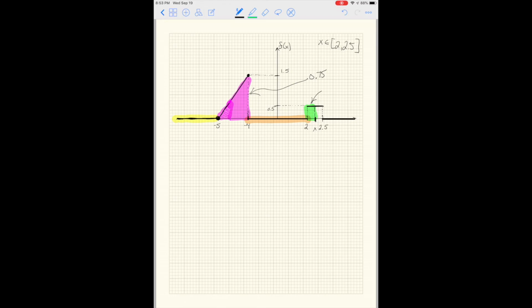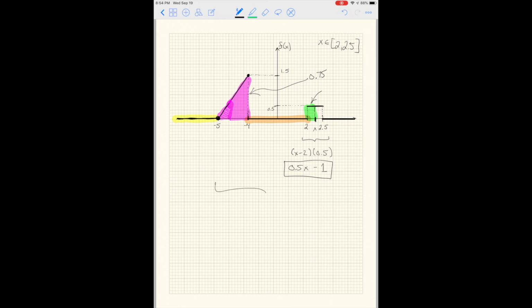So if you think about what's the area of this little rectangle here, it's going to be x minus 2, which is the base, times the height, which is 0.5. And so if you multiply that through, you get 0.5x minus 1. That's just base times height, exactly what we got on that previous page.